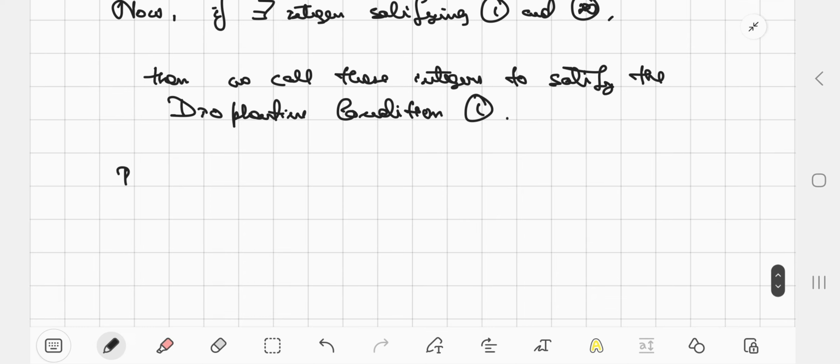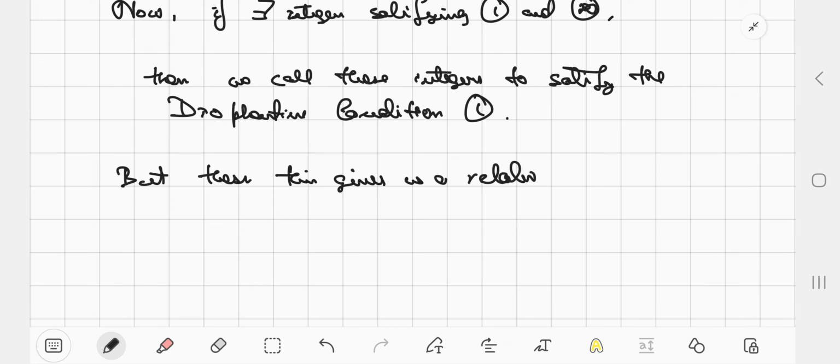Okay. But then this gives us a relation between them, which is strictly obeyed by the integers.